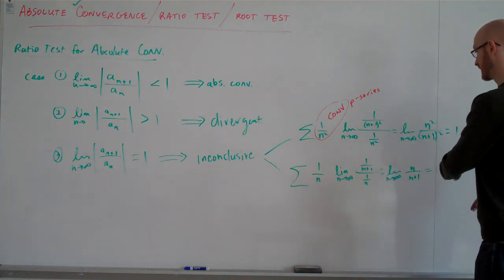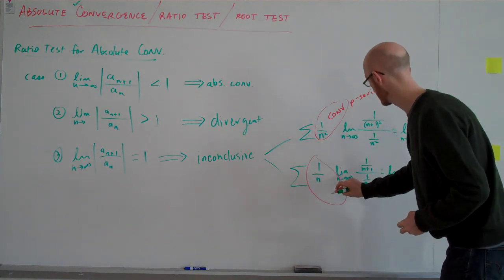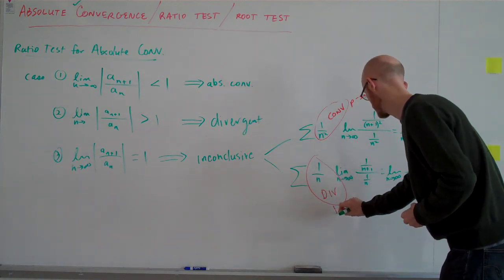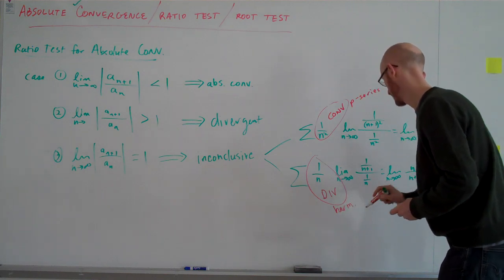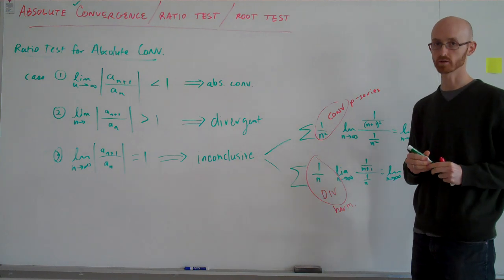That limit approaches 1. If that limit approaches 1 and that limit approaches 1, and we know this thing is divergent because it's harmonic, then obviously if it equals 1, we can't make any good conclusion.